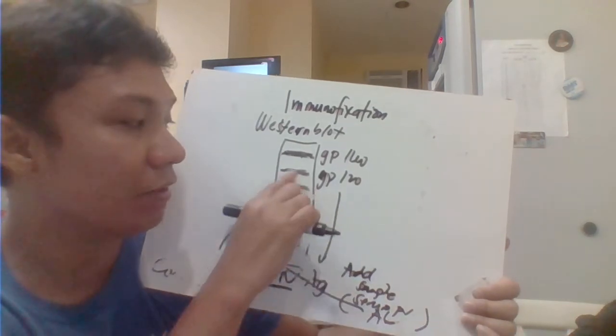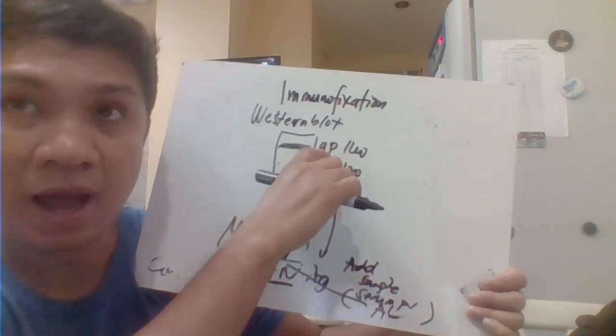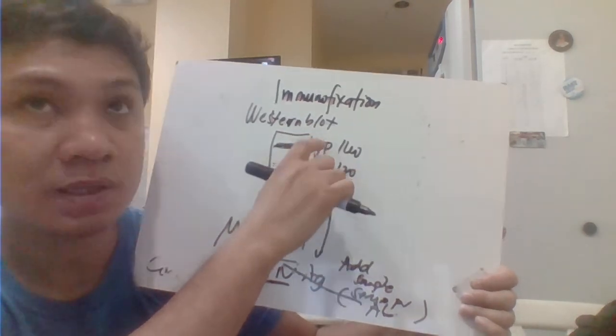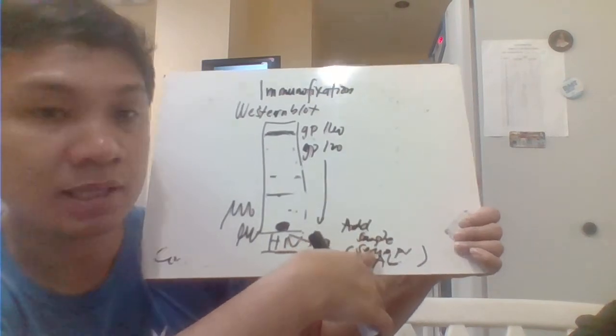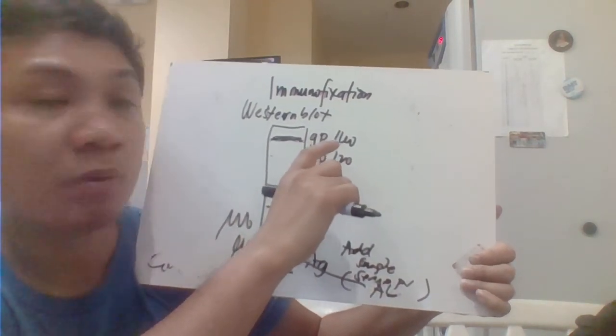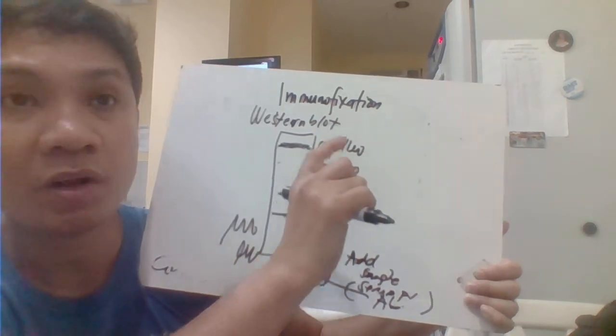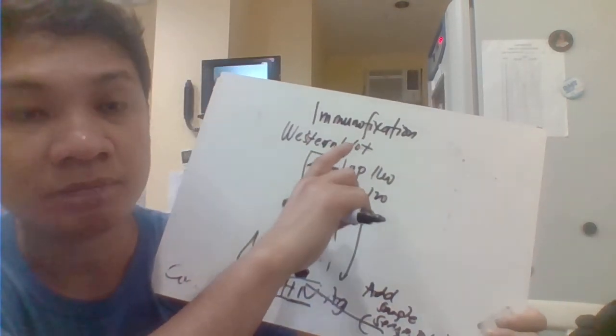For example, if a precipitin line with color appears here, since this on the membrane is your GP160 antigen, a purple band means the patient's sample has an antibody, anti-GP160 antibody. That's how we interpret it. That's your immunofixation, Western blot.